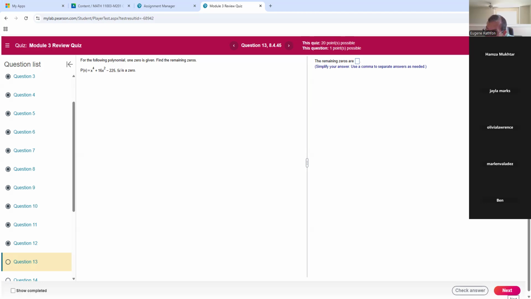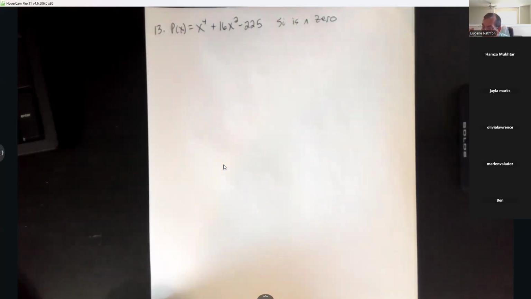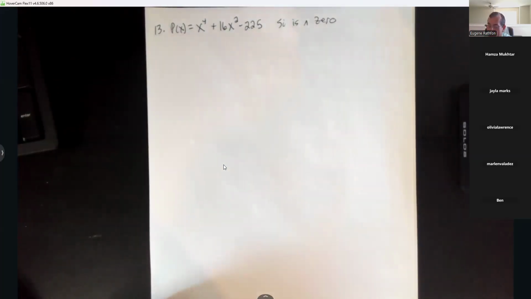And they're telling me 5i is a zero. So they want me to find the rest of the zeros, okay? So y'all on this one, the first thing I'm going to realize, that's the x to the fourth. So when we're done, we need to find 3 more zeros. They gave us 1. We're going to find the other 3.